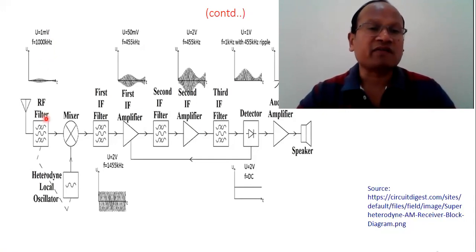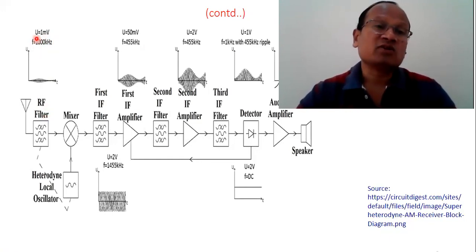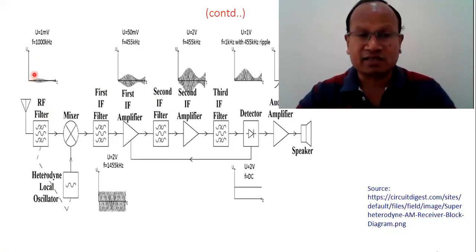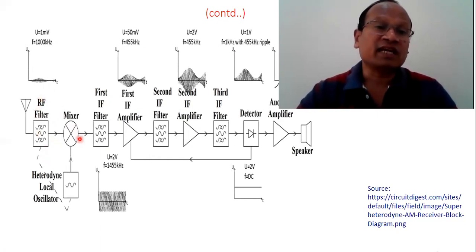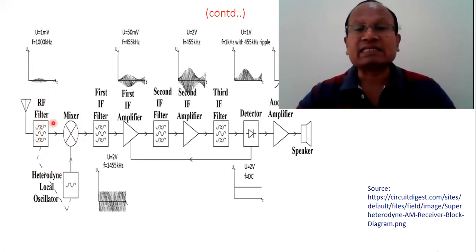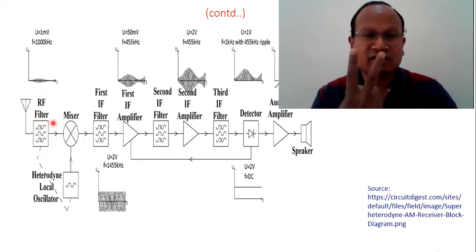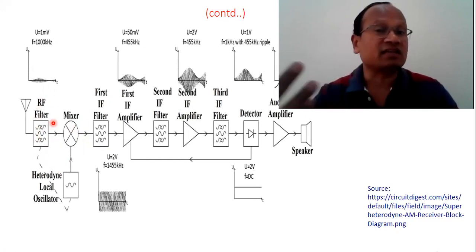It is passed through the RF amplifier, where it will select this particular frequency as well as amplify the signal. So even the lowest frequency component, that component will also get amplified by the RF amplifier. And then what is the next stage? The next stage is the mixer, where it is passing. The mixer, as its name suggests, needs at least two things to mix something with another thing.